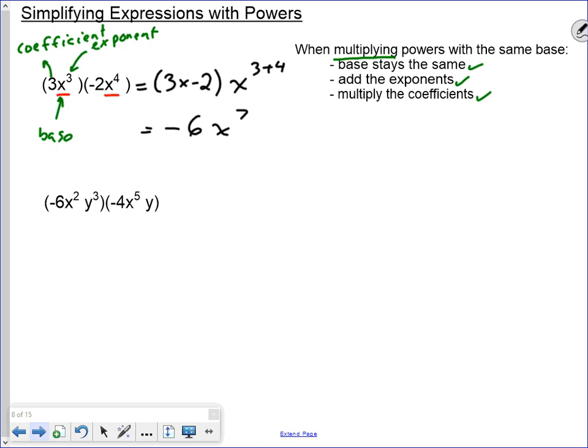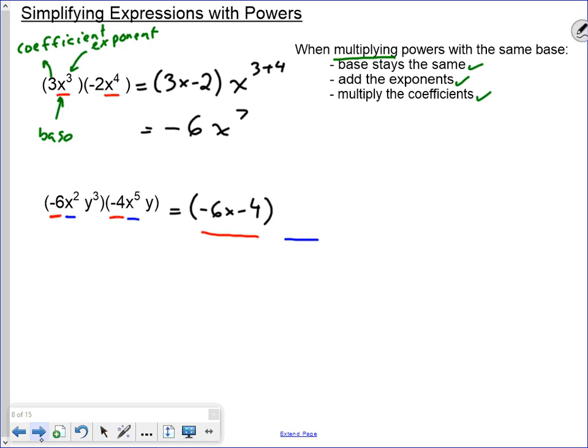Okay. If we have more than one variable here, or more than one base, we just have to match up the things that go together. The negative 6 and the negative 4 are both coefficients, so we are going to multiply them together. Negative 6 times negative 4. Right. Moving along, we've got an x squared and we've got an x to the power of 5. We're going to combine those together.